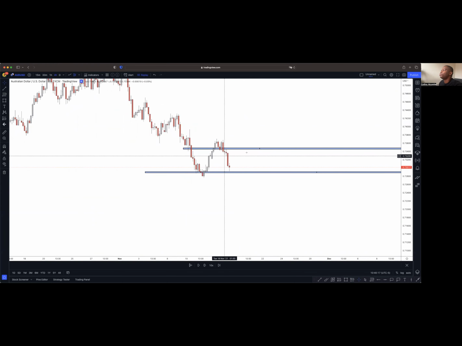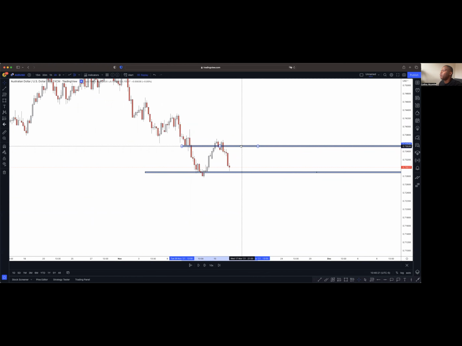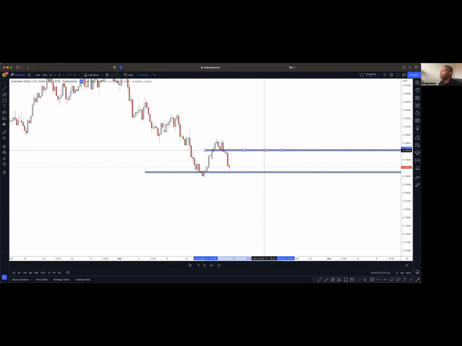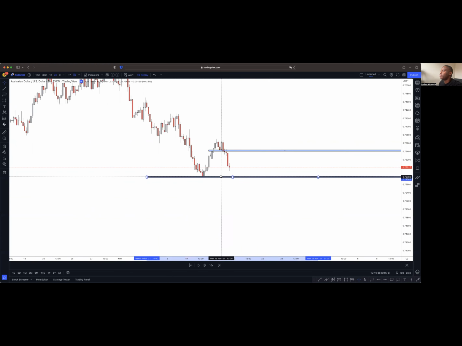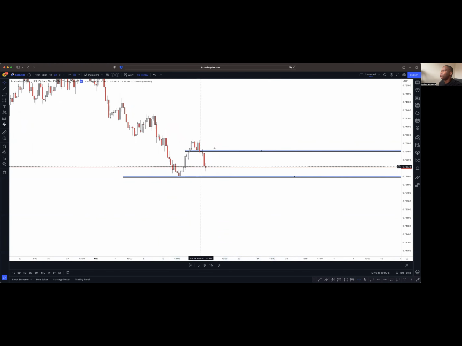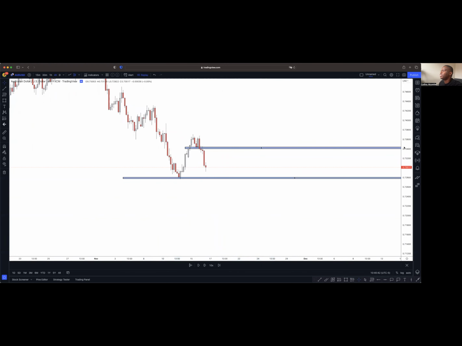One thing you want to do is, after marking your zone on the daily, you want to go down to the lower time frame and adjust it properly. So I'm just going to leave this zone here, I'm going to leave it like this.